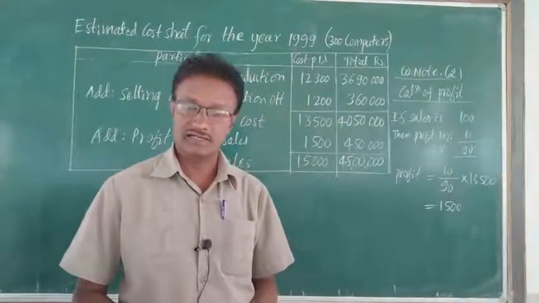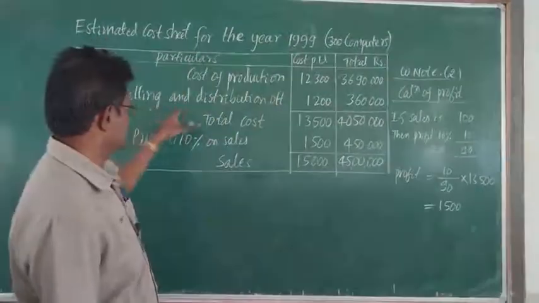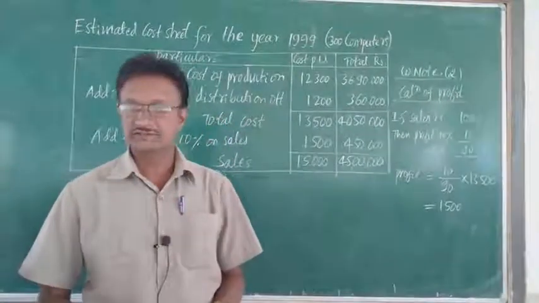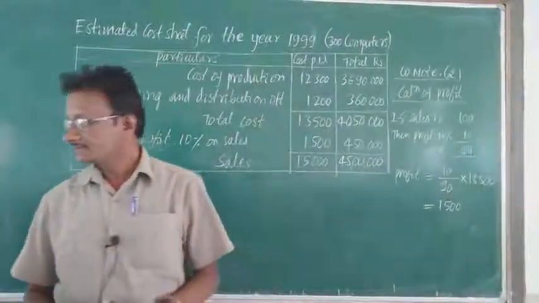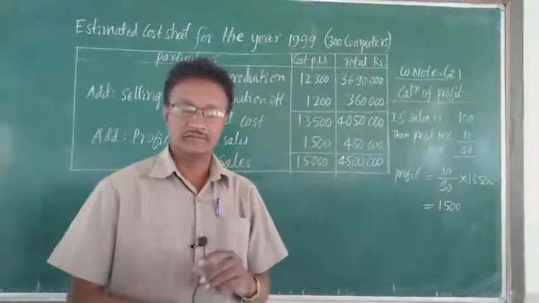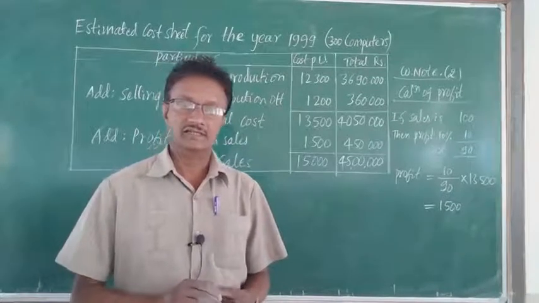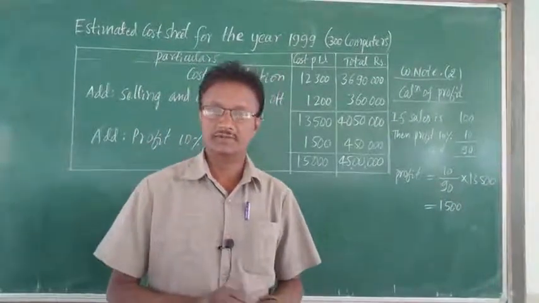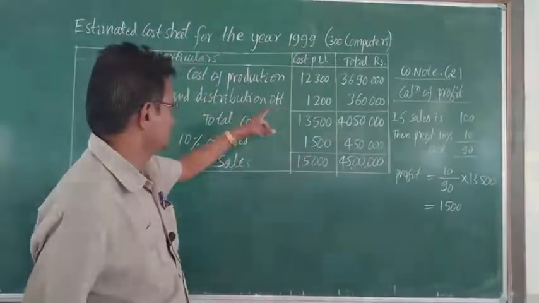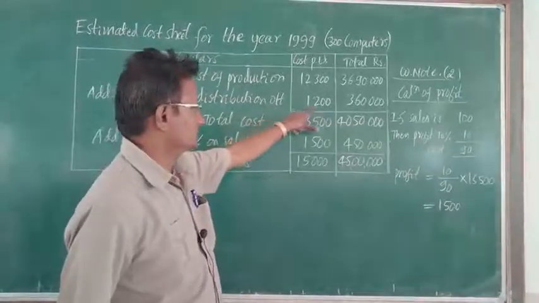Next we have to add selling and distribution overhead. The information in the problem is selling and distribution cost per unit will remain the same. So add selling and distribution overhead, per unit 1,200.